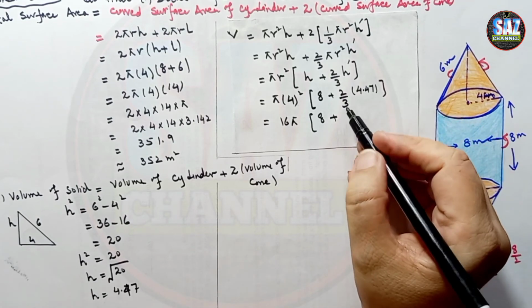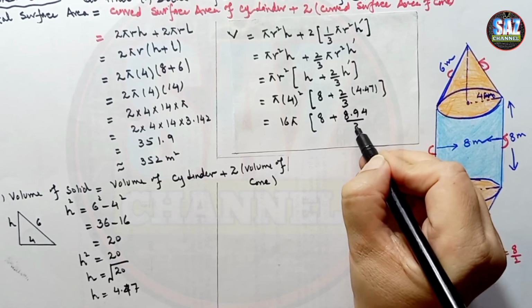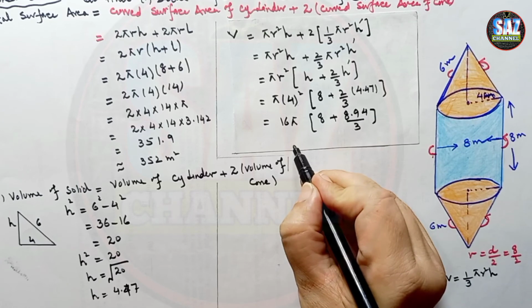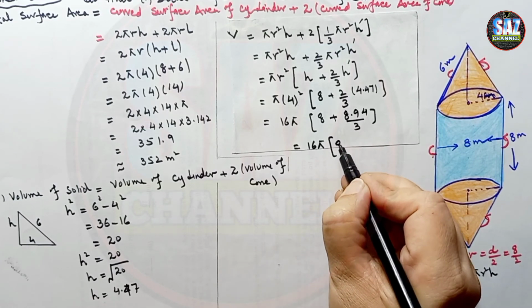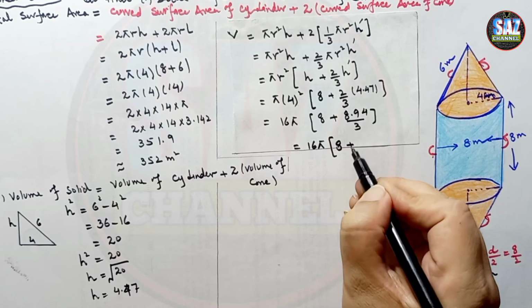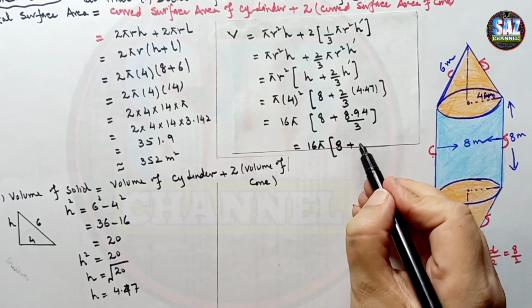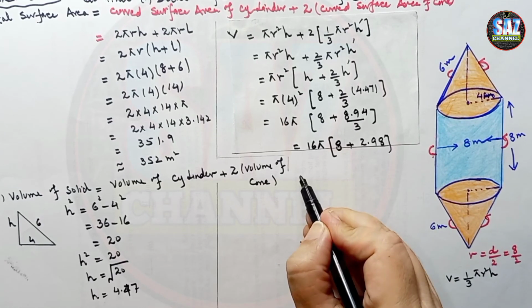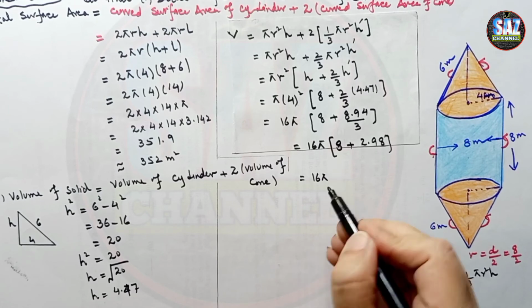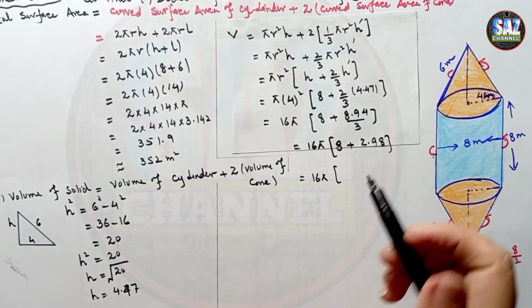Okay, let me write down the calculation as well. 8.94 by 3, and now 16 pi into 8 plus we have to divide 8.94 by 3, 2.98. Okay, 16 pi and 8 plus 2.98 is 10.98.